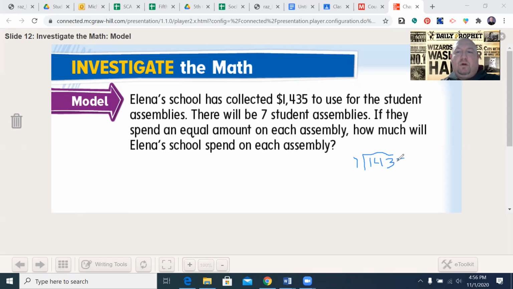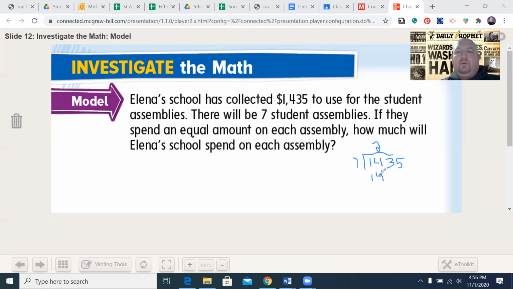You're going to see we have multiple things going on with these numbers here. First, I'm going to need to place the first digit. 7 does not go into 1. So I regroup that one group of 1,000 into 10 groups of 100 and combine it with the 400s I already have and have 1,400. Well, how many times does 7 go into 14? 2. So I put it over in the hundreds place because we were dealing with 1,400, not 1,000.